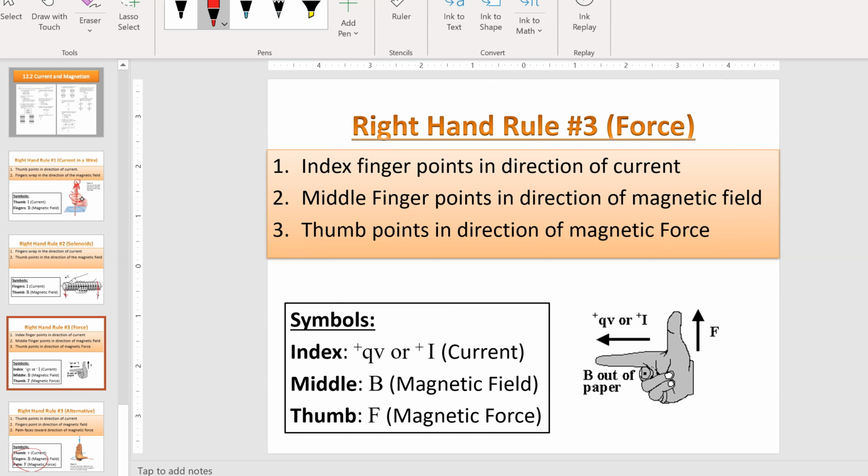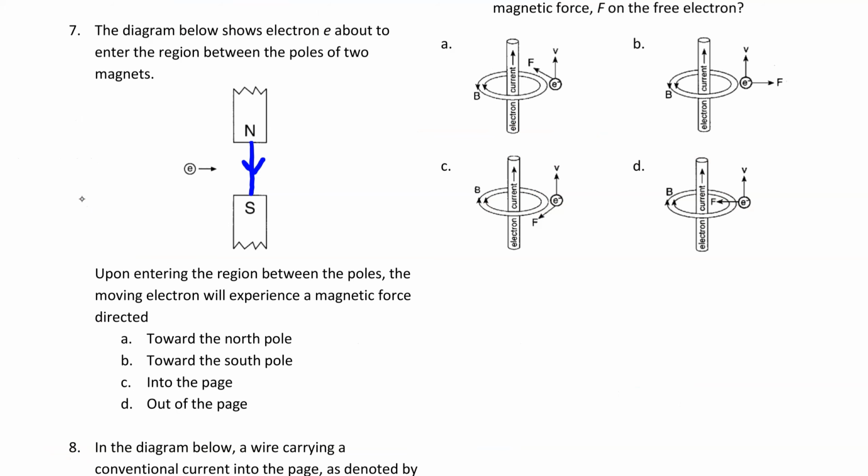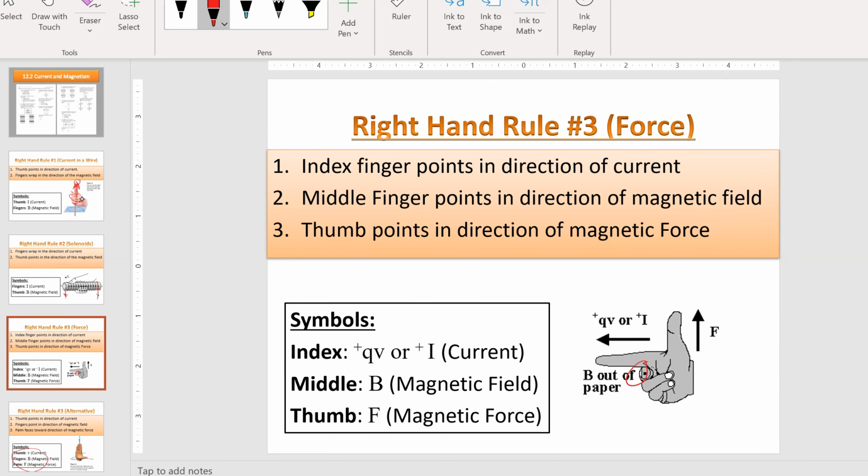So we need to put our magnetic field, that's the B, our middle finger is pointing down. The electron is moving to the right, so that means conventional current is pointing this way, and our index finger is where the conventional current points.